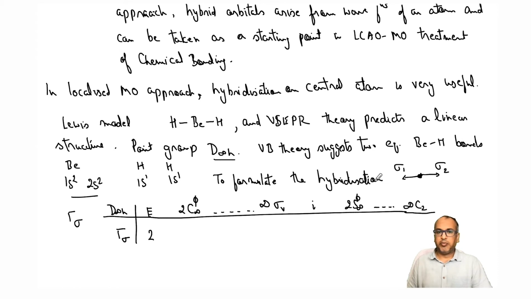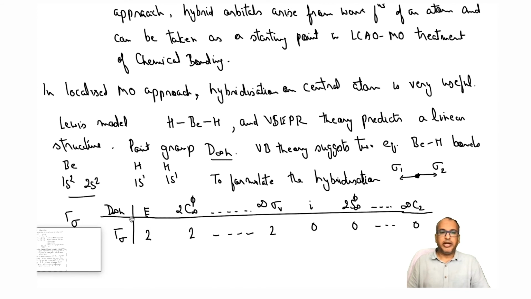C infinity will be passing through these two bonds, so none of this will change, so both of them will contribute to the trace. Similarly for sigma v, nothing will change. Sigma 1 and sigma 2 will remain at their own places, so 2. For i, everything will change, so 0. S infinity, everything will change, so 0. The C2 axis is perpendicular to this, so again sigma 1 and sigma 2 will change, so this will be 0. Okay, so the next step is to reduce this.